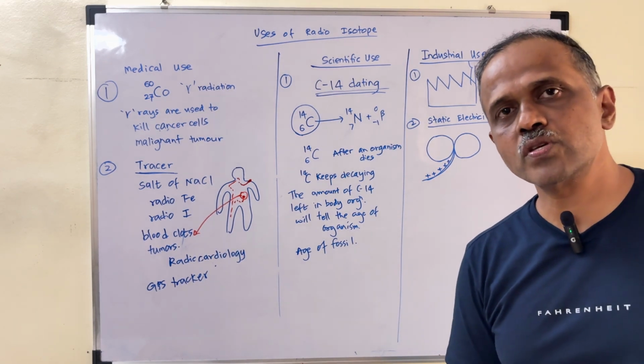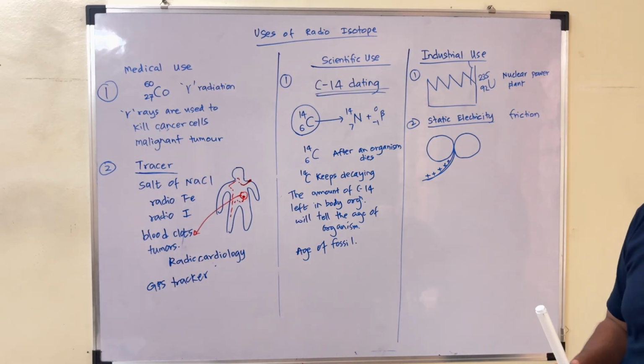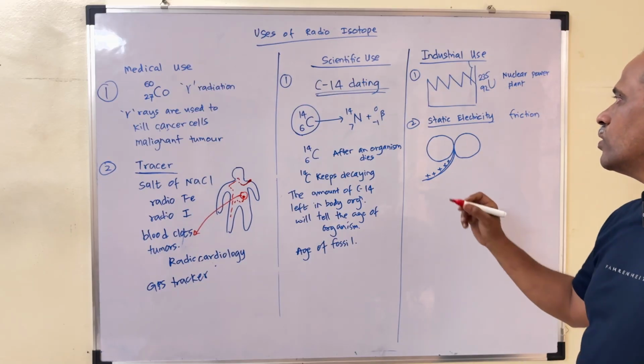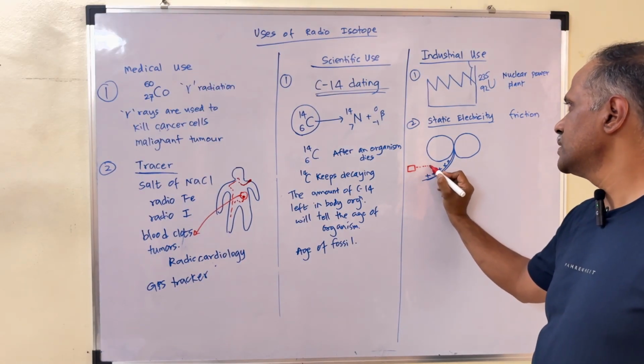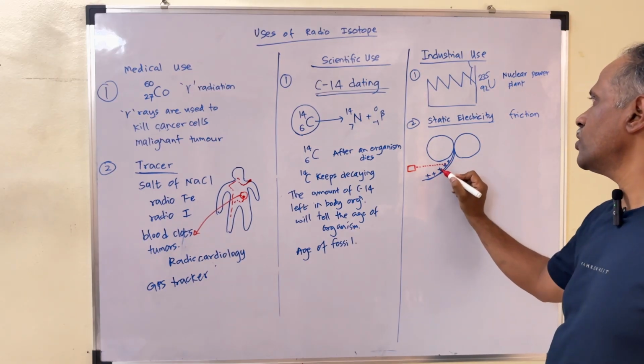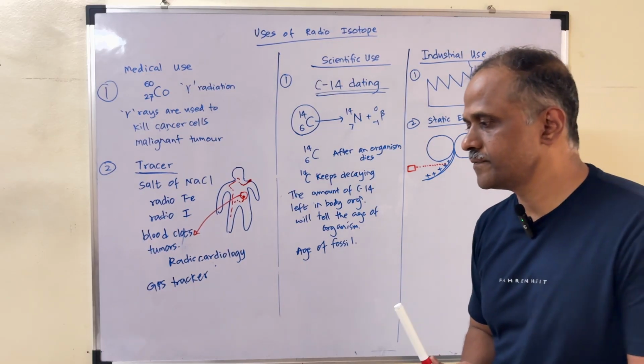Now we will be using the ionizing property of nuclear radiation in order to remove this static charge. So normally the ionizing property of radioactive radiation is used to remove this static charge.